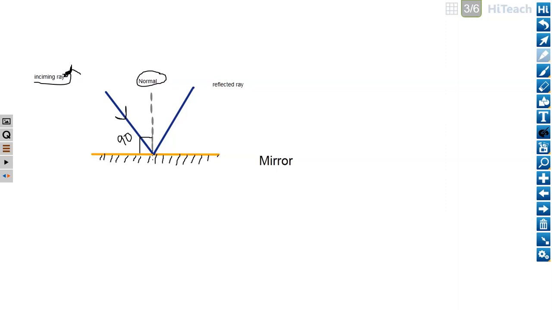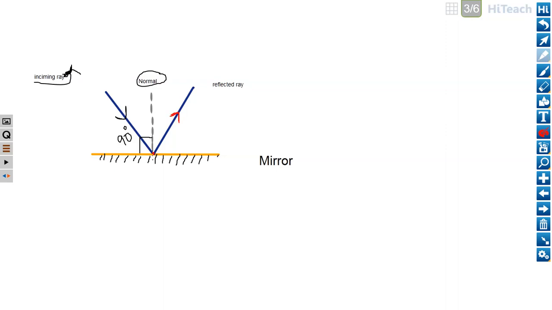Okay, so you draw the normal at the point where the incoming ray, or incident ray, hits the mirror. Then you can complete it like this. This is the reflected ray at the point of the normal, and at the same point where the light hits the mirror, the light will be reflected.